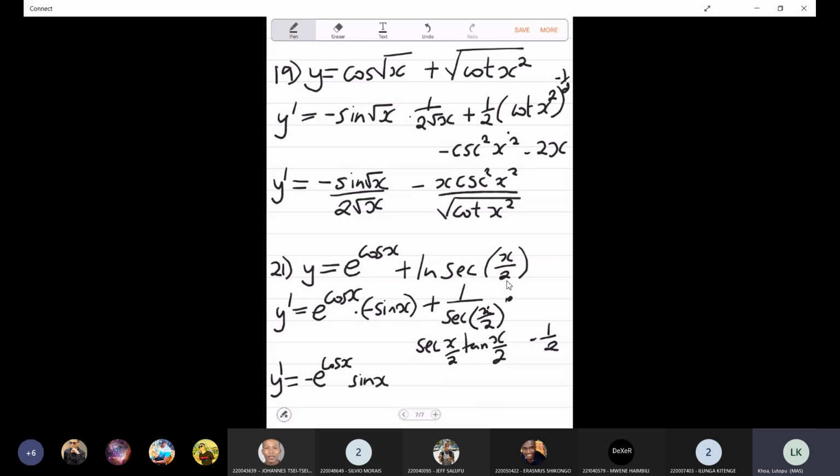And remember that here I have 1 over sec, and this is sec, so those two will cancel each other out. So I'll be left with half tan x over 2. So this is plus, yeah. Where is the 1 over 2 coming from? The derivative of x over 2.